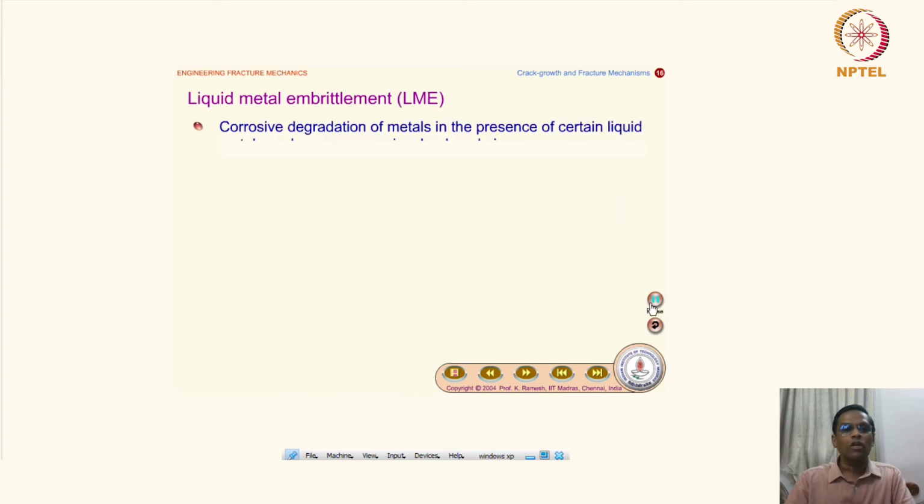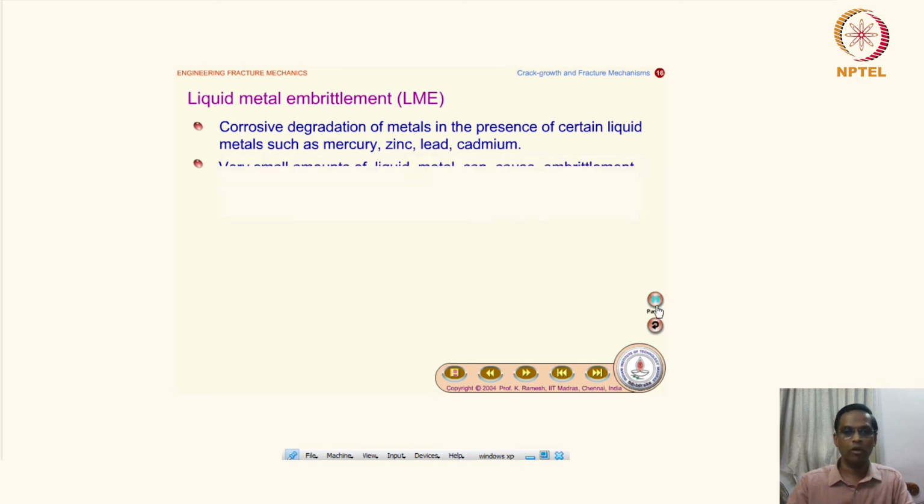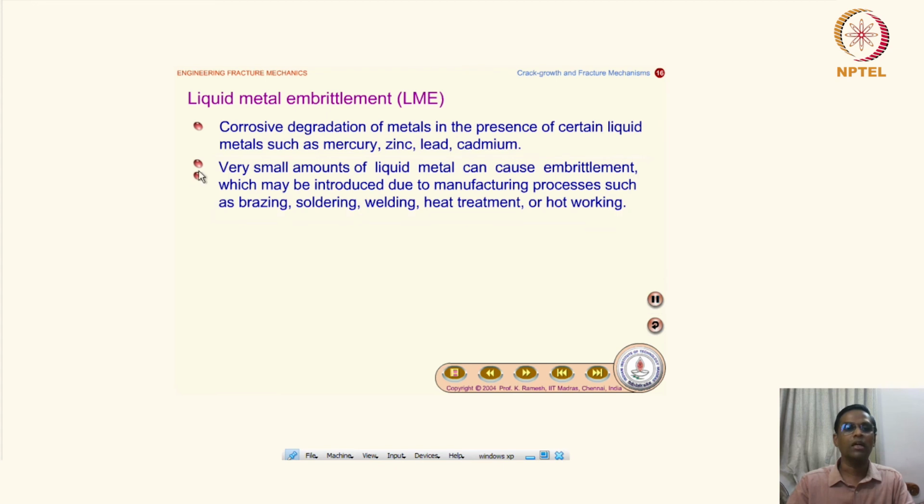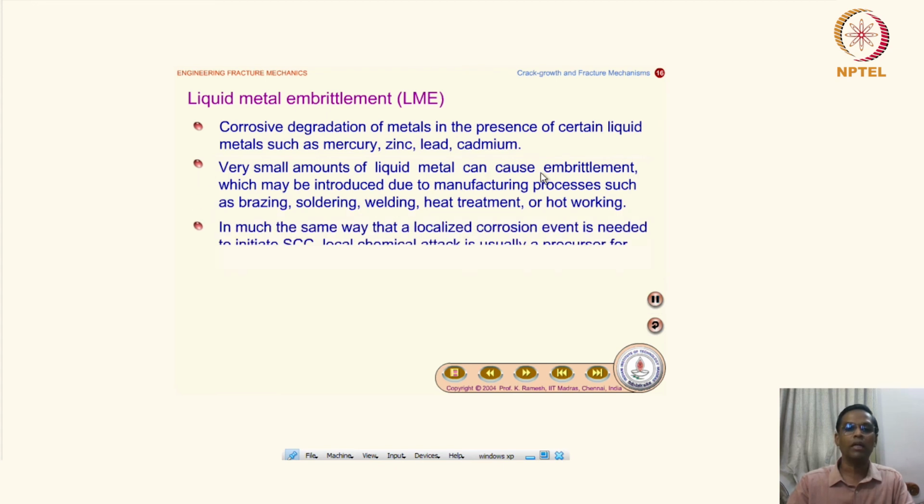So the next one is liquid metal embrittlement. What is that? Corrosive degradation of metals in the presence of certain liquid metals such as mercury, zinc, lead, and cadmium. This is quite important. Very small amounts of liquid metal can cause embrittlement, which may be introduced due to manufacturing processes such as brazing, soldering, welding, heat treatment, or hot working.